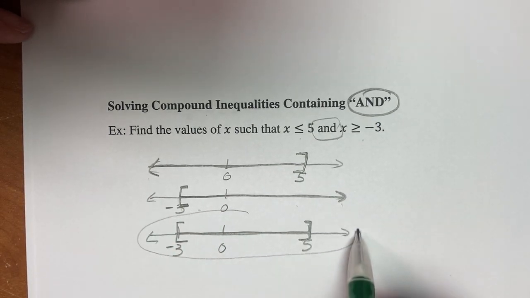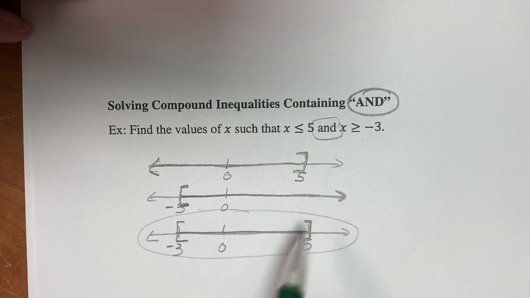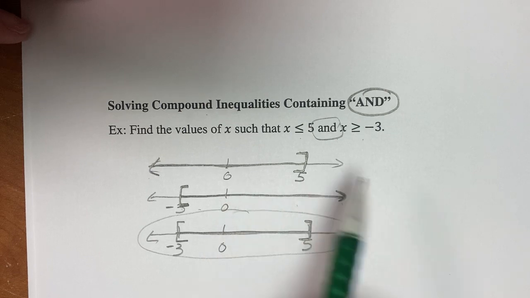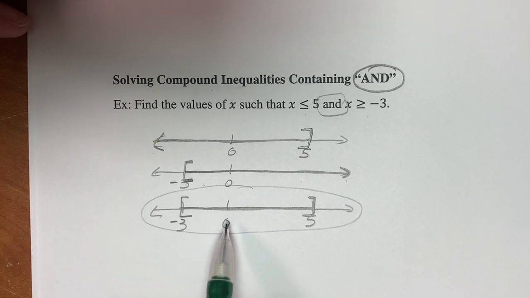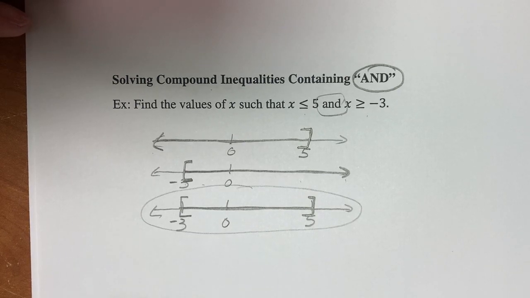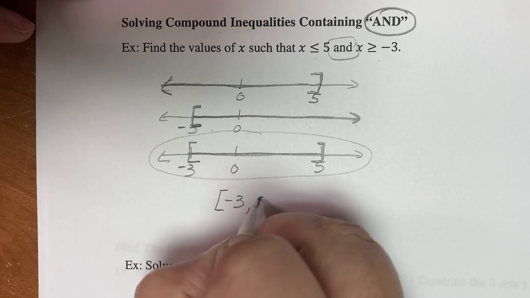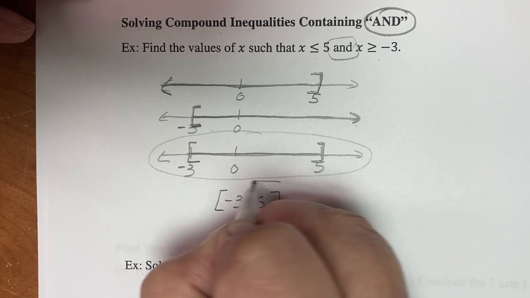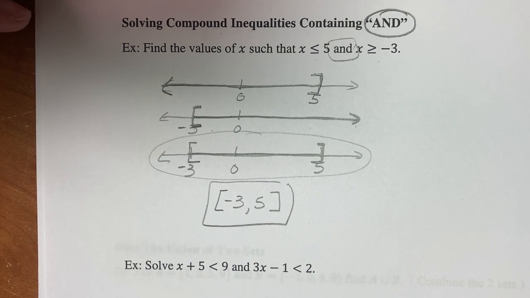This would be the solution set. These are all of the numbers that are both less than or equal to 5 and greater than or equal to -3. So there's a graph of the solution. If I wanted to write the solution in interval notation, it would simply look like this. And I believe they're going to ask you for both the graph and the solution set.